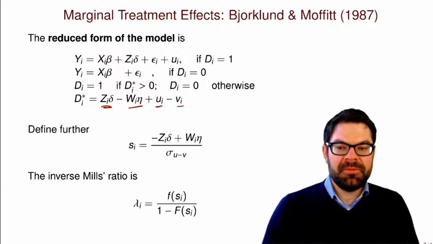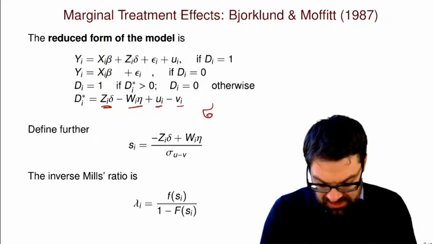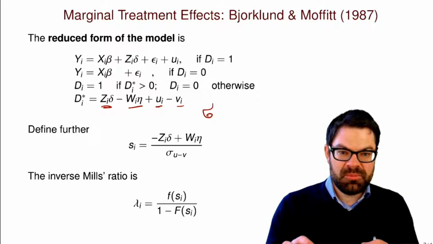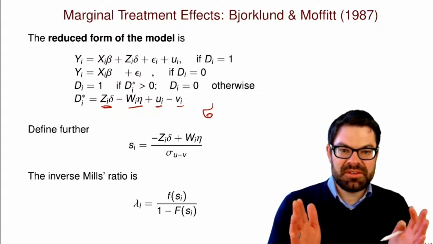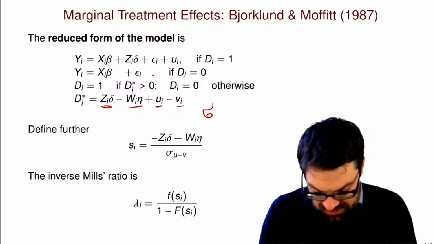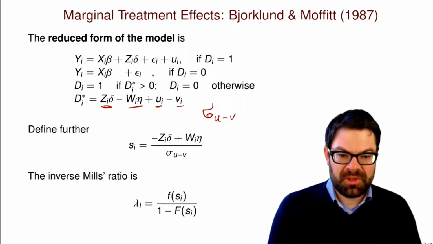Now, first of all, we are not going to look at the distribution of U and V separately, but just at the distribution of the difference between the two. That would simply be the standard deviation of that distribution.